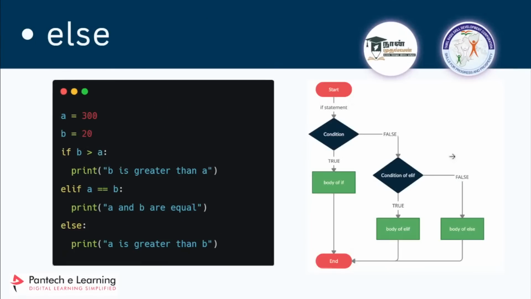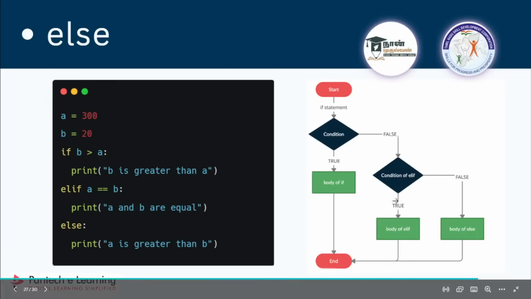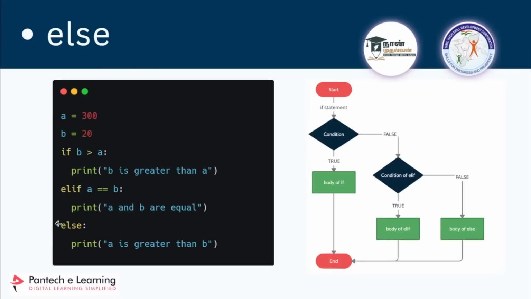Similarly, you can use something known as the else statement. So what is this else? If nothing got success, it will try to check this if statement. If this is success, it is going to give you this result. If this failed, it is going to go to the elif and check this condition. If this also failed, if everything is failed, then you can finally give this else statement.